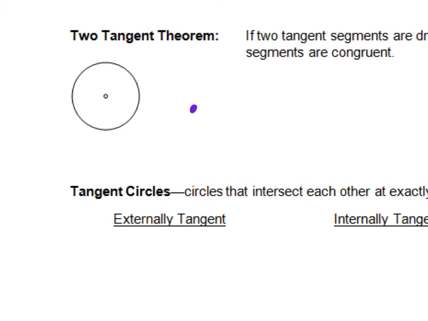Remember, the tangent is just going to basically touch the edge of the circle. So there's one tangent segment. Now if I draw another tangent segment to the other side of the circle, it's going to touch right there. What the theorem tells us is that this segment is congruent to this segment. So two tangent segments that share this endpoint over here, those will be congruent.